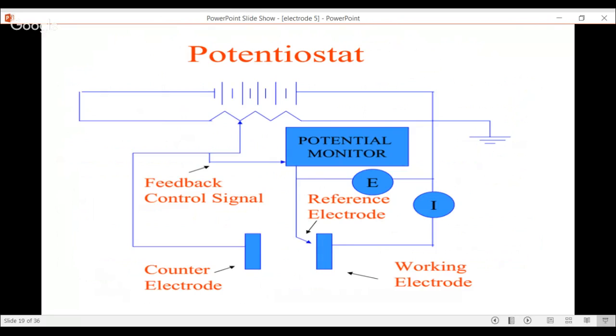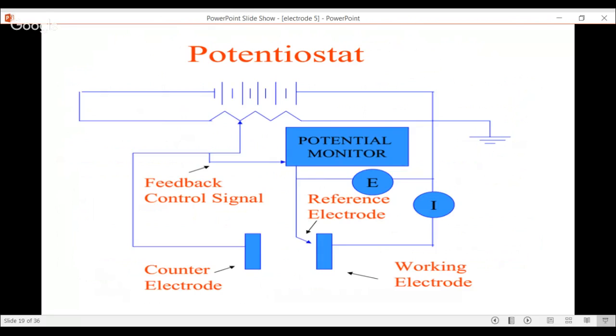This is why it is called the three electrode system. The third electrode is called the reference electrode, which is also there in the circuit of the working electrode. Across the reference electrode and the working electrode, you are measuring the potential and current. That is what we are doing.